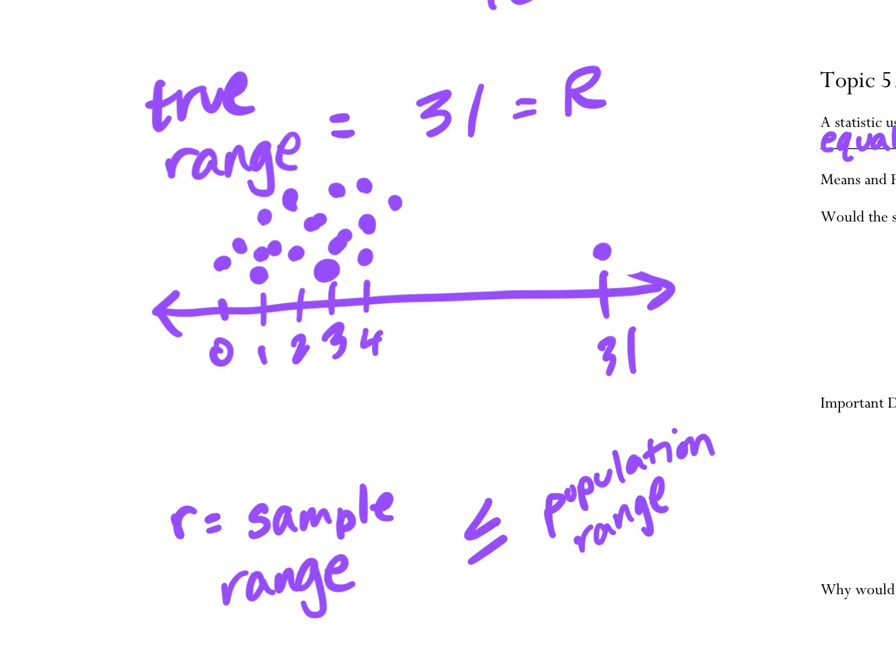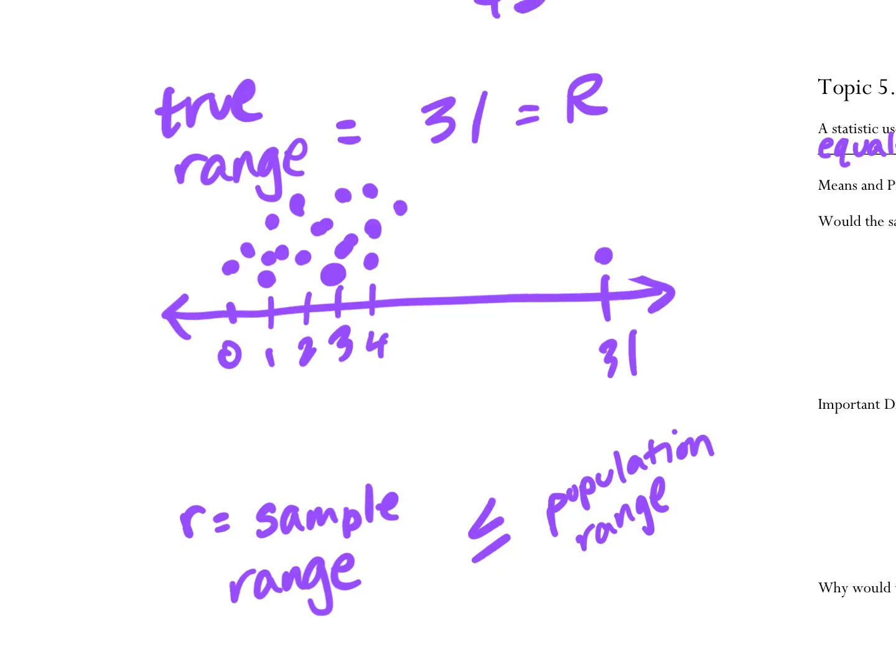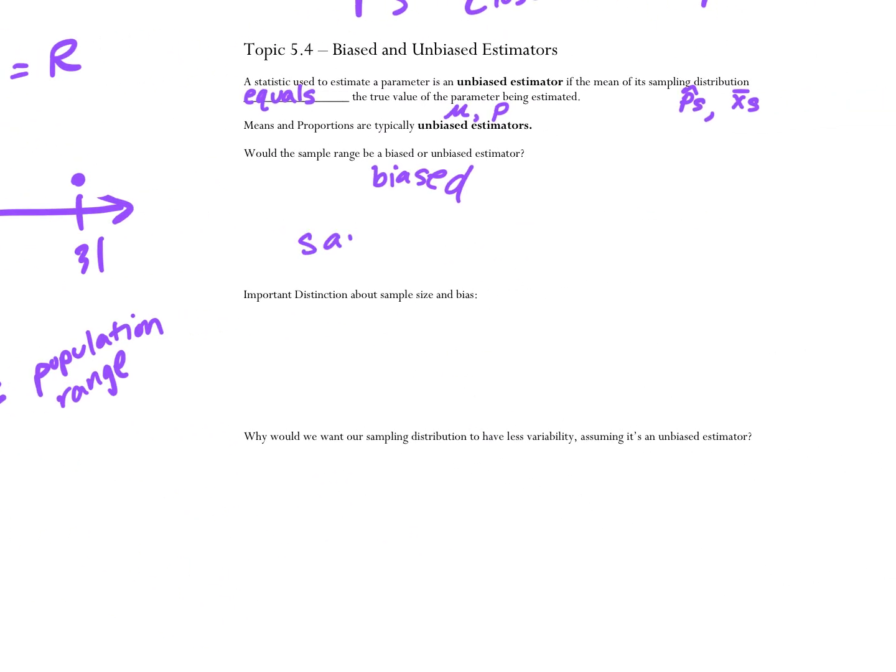So larger sample size does not decrease the bias of the estimator. It decreases the variability of the estimator. Everybody with me? So if I'm kind of narrowing this down, the sample range is less than the population range usually. So the mean of the sample ranges does not equal the population range. And that's what you would hope to happen for an unbiased estimator.